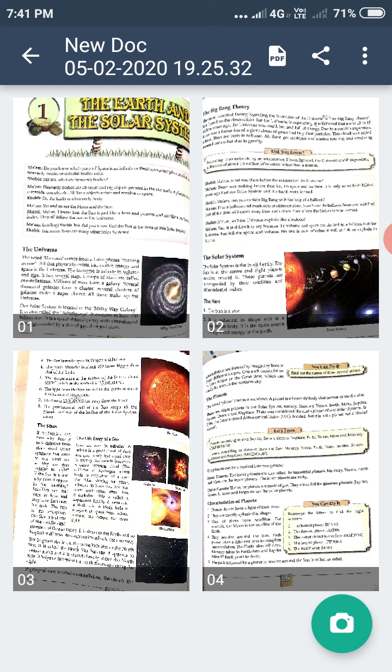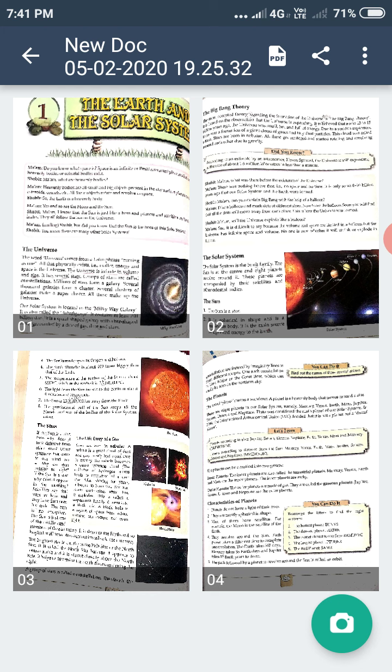Universe is infinite in volume and size. Infinite means endless. It doesn't have any end, so its volume and size do not have any end or limit, you can say. There are several stars in the universe, and when you watch the night sky, you can see the group of stars together, and these groups of stars are called constellations.